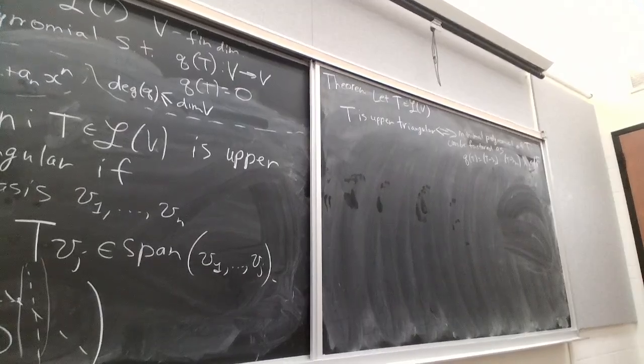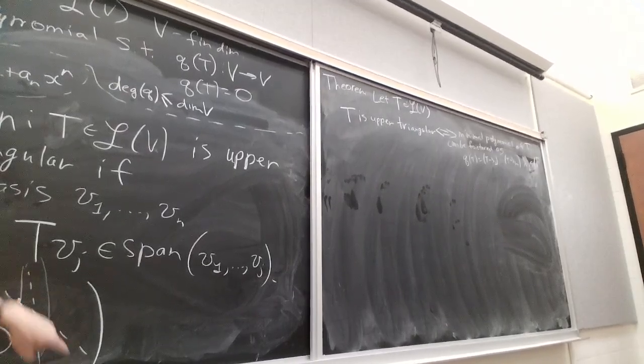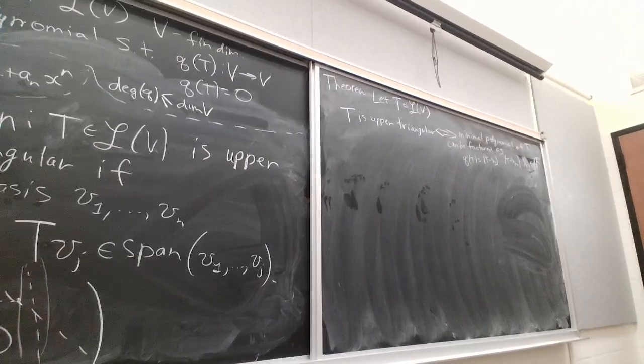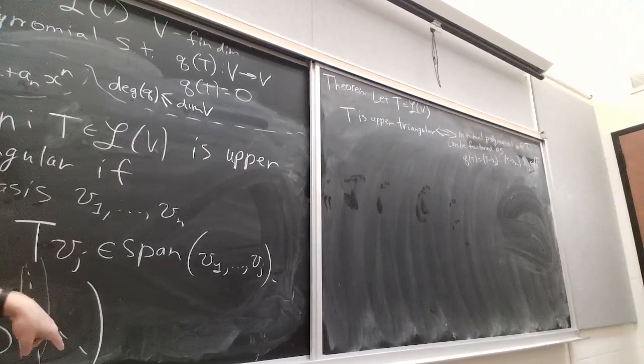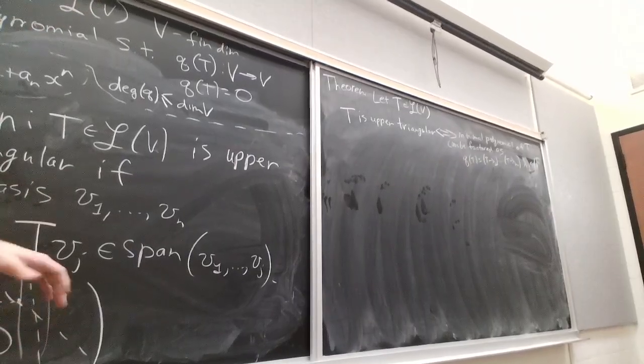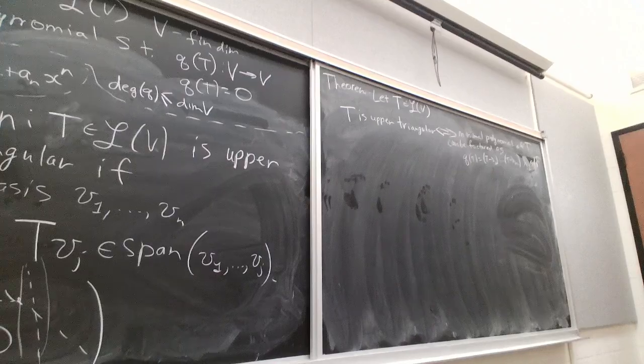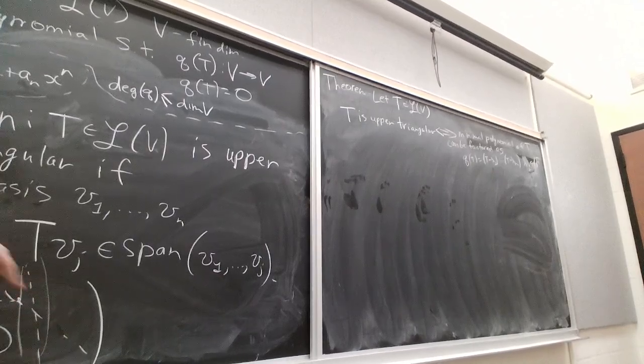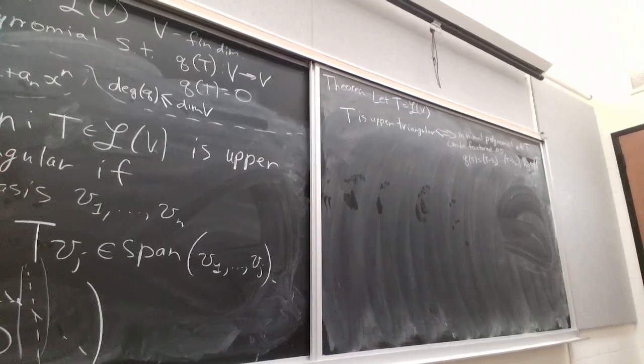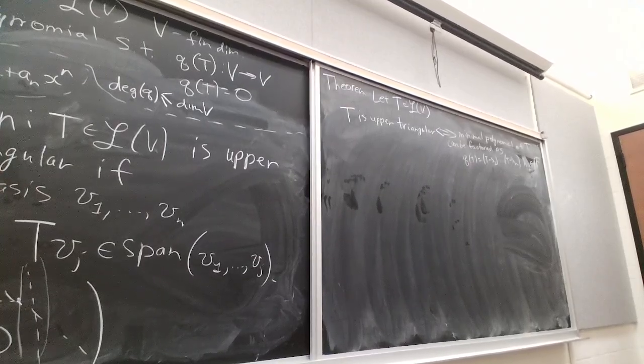It turns out that if a matrix is upper triangular, then the numbers on the diagonal are precisely the eigenvalues, in fact all of the eigenvalues. That's something you can check. So if you multiply the factors T minus lambda_i I over all of the eigenvalues, you get a polynomial that sends T to 0, not necessarily the minimal one.